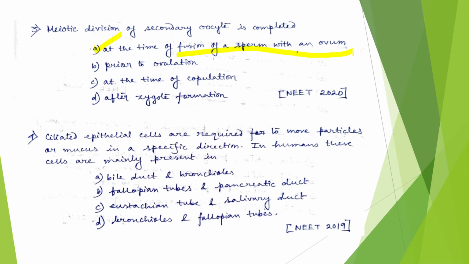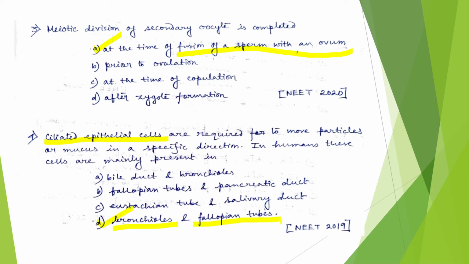Now coming to the next question: ciliated epithelial cells are required for movement of particles or mucus in a specific direction. In humans, these cells are mainly present in? Cilia help in propulsion, to move particles or mucus in a specific direction. Ciliated epithelial cells are present in bronchioles and fallopian tubes.